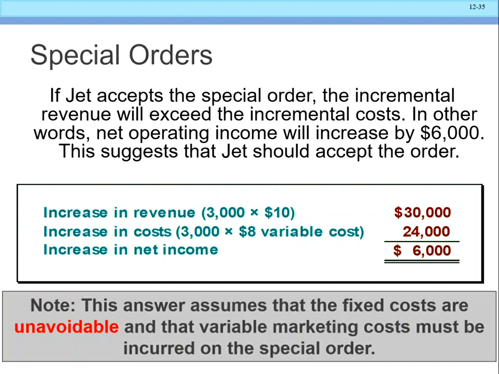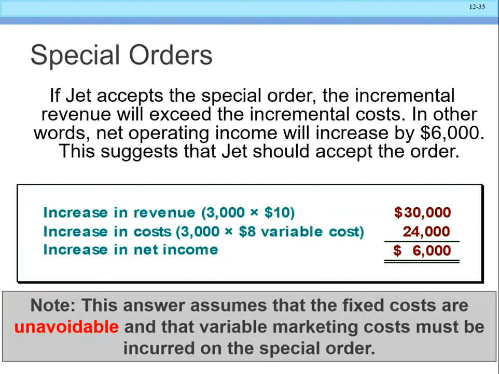It's $10 with 0 because either they agree to the 3,000 units and get $10, or they don't agree and get nothing and only sell the 5,000 that they normally sell.